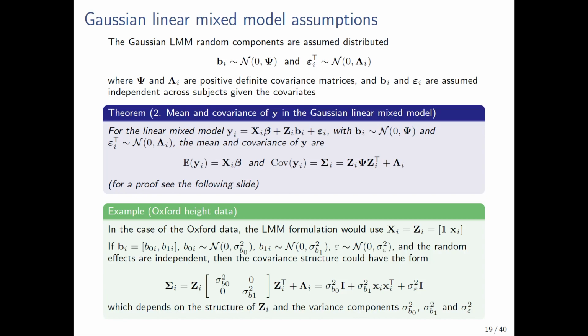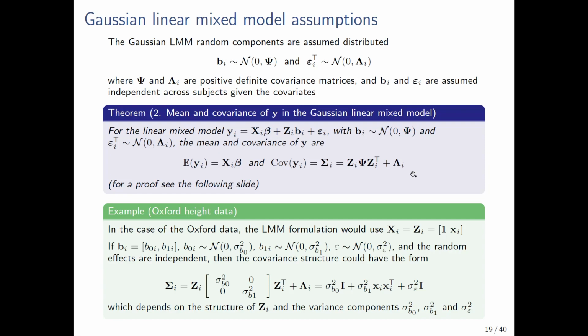Now, given these assumptions, what are the mean and covariance of the response? It's stated in this theorem: the expected value of y_i is X_i beta, the fixed effects part, and the covariance of y_i, which we're going to call sigma_i, is Z_i psi Z_i transpose plus lambda_i.